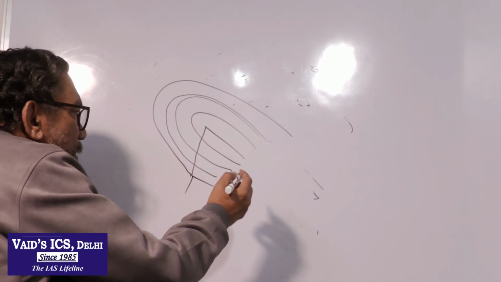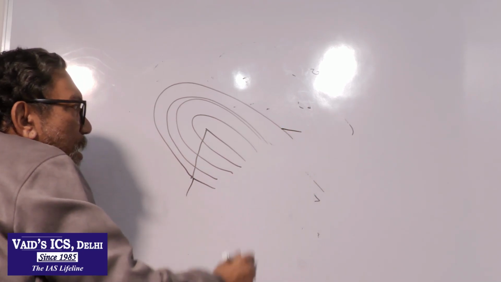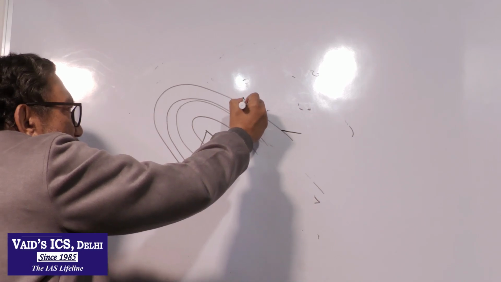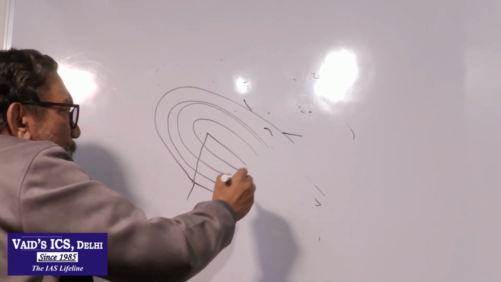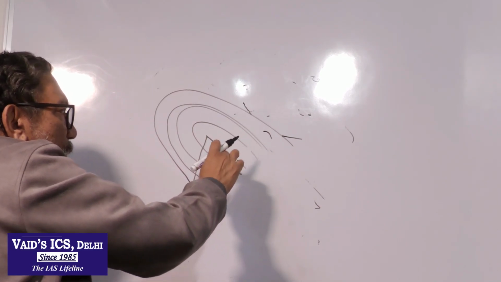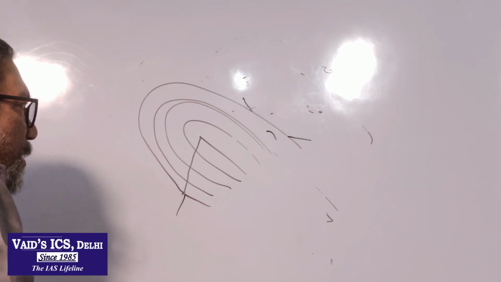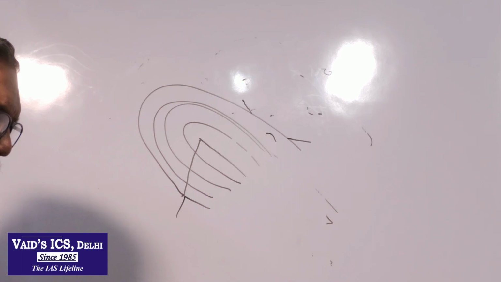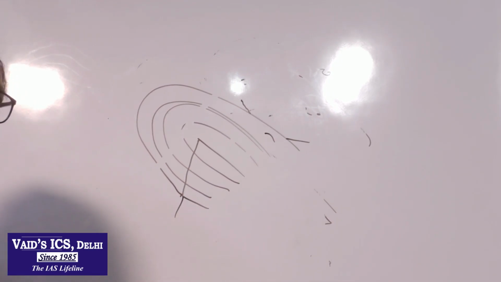Then one identification can be this is a fork, a ridge dividing into two. This is merging, another ridge is coming. This is a splinter. Then this may be a cut, split.